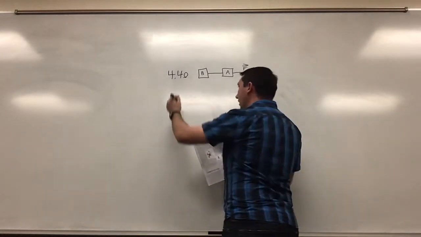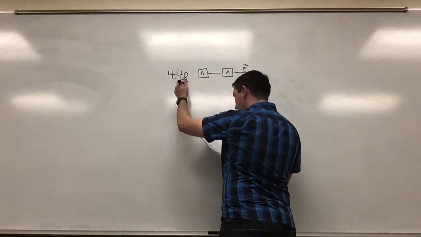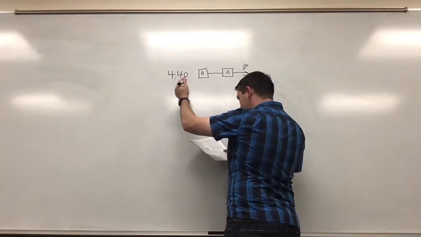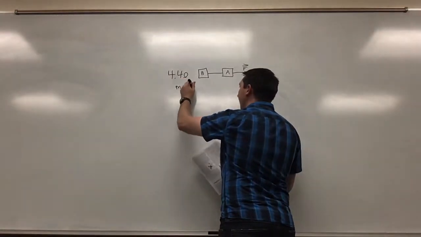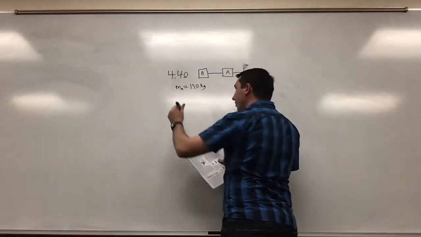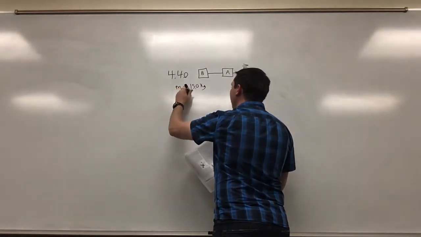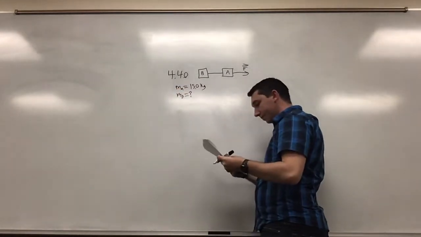So we know that block A, the mass of A, is going to be equal to 15 kilograms. Mass of block B is one of the things that we're looking for.